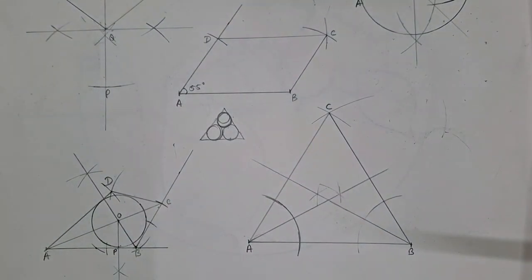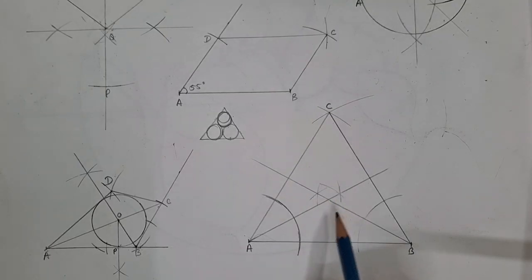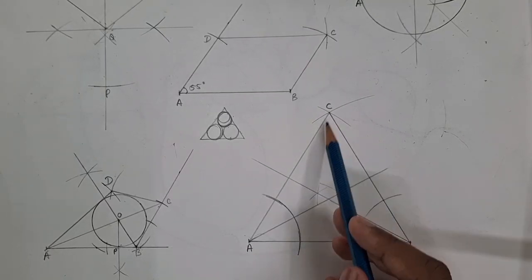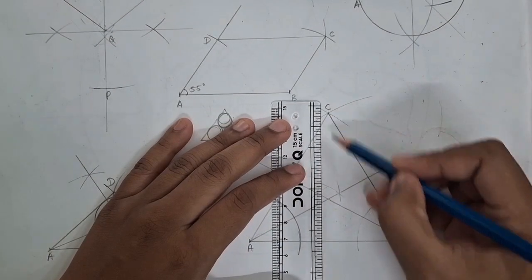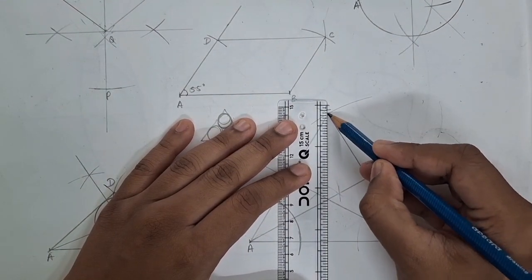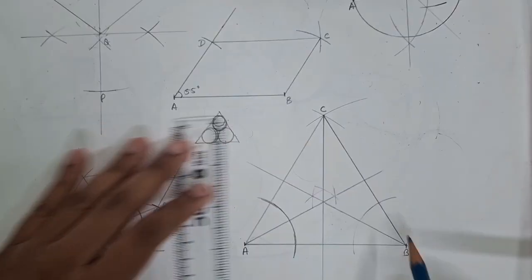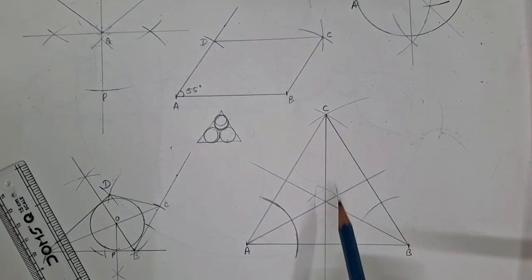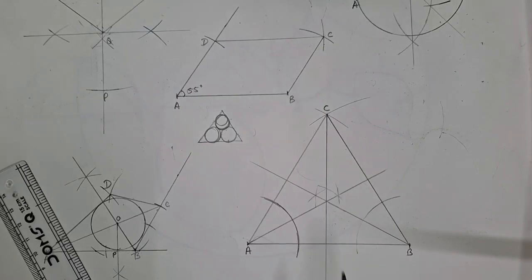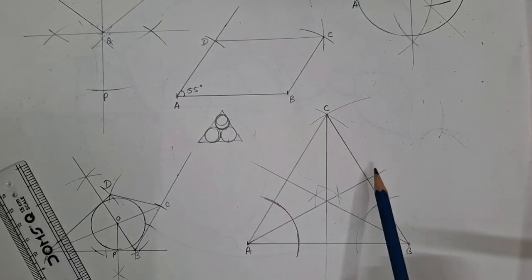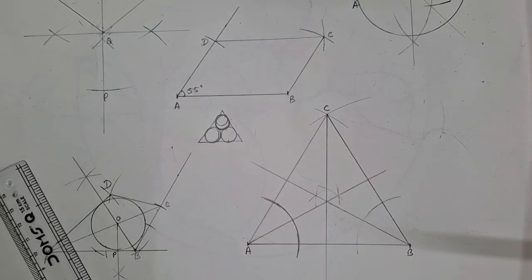Always make your arcs and other construction steps with a lighter pencil and the main structures with dark pencil so that it is presentable to the examiner. Now I can join this third vertex of the triangle with this point because it is going to be same. Even if I bisect this angle, it is going to be this line only. Okay, so now we have got 3 lines inside the triangle.